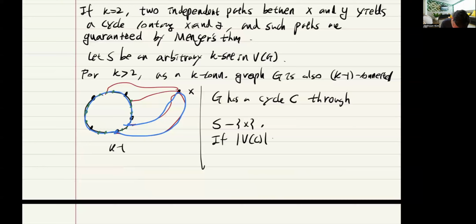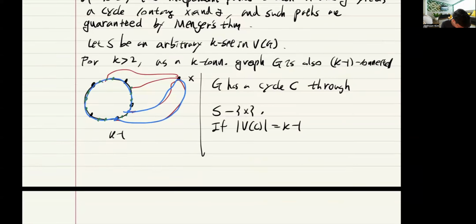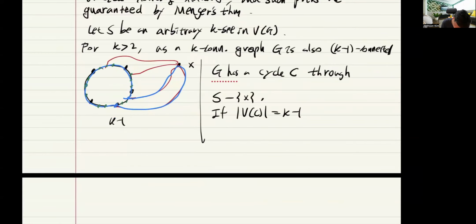We consider two cases. If this cycle has k-1 vertices, then it just consists of the vertices in S except x.